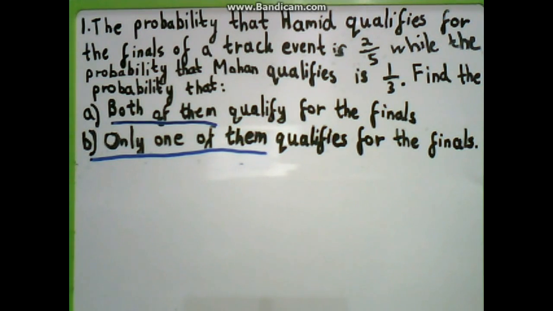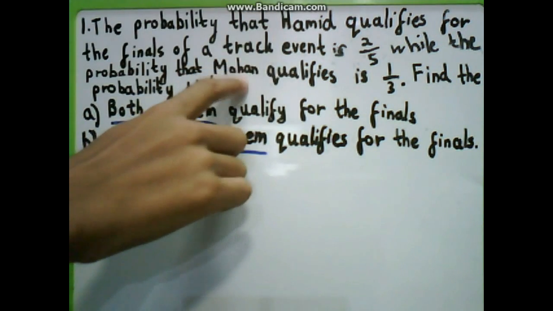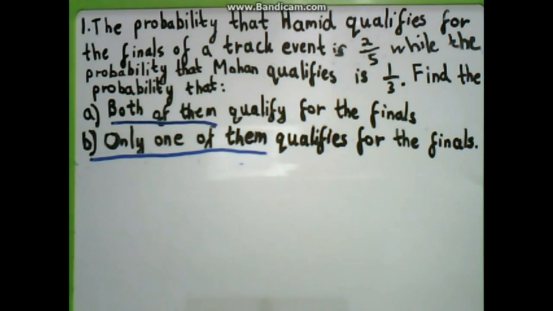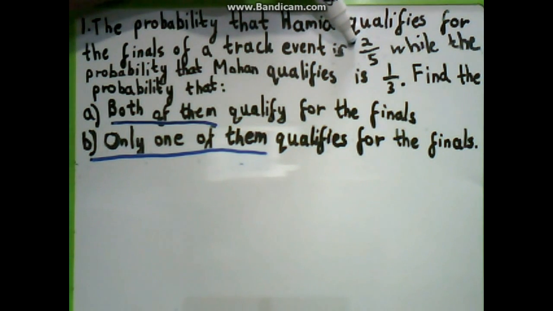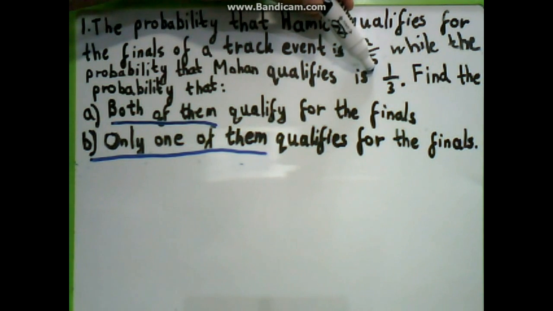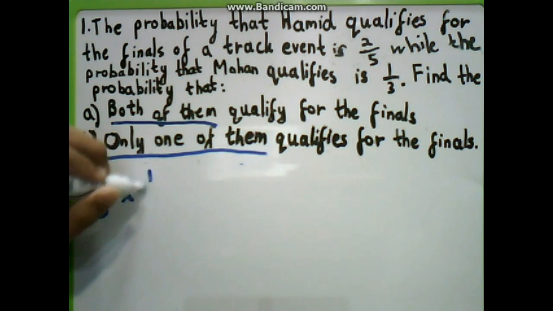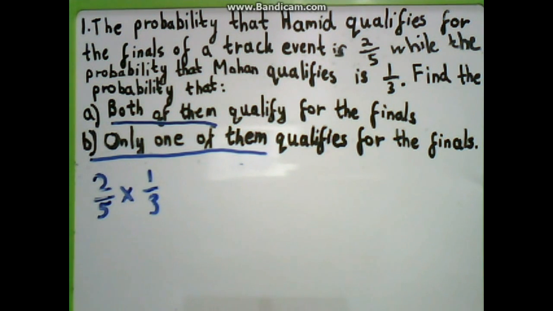Okay, the question wants Hamid and Mohan's probability. They want the probability that both of them qualify. They've already given you the probability that Hamid can qualify and the probability that Mohan can qualify. Now, all you need to do is multiply. So it will look something like this: 2/5 times 1/3. Why? Because, like I said, they've given the probability.